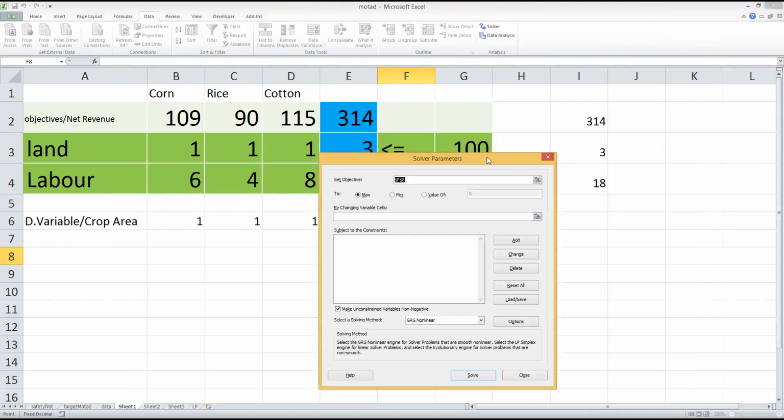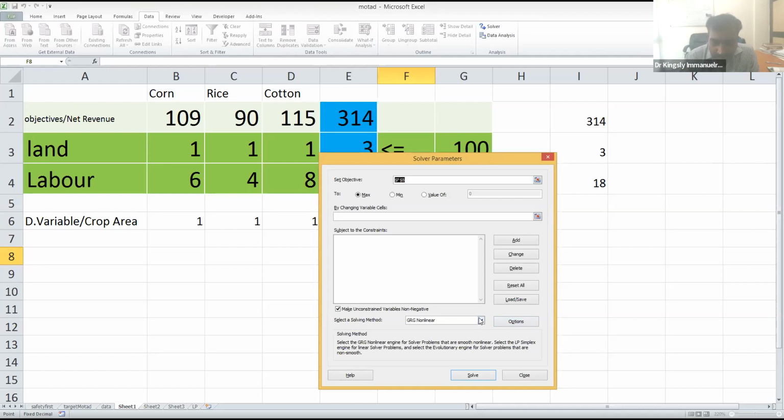So you see the solver window. What are the variables available? One is set objective. The next row talks about whether you are maximizing, minimizing, or equating to a value. Then another tag is changing variable cells. Then come the constraints.